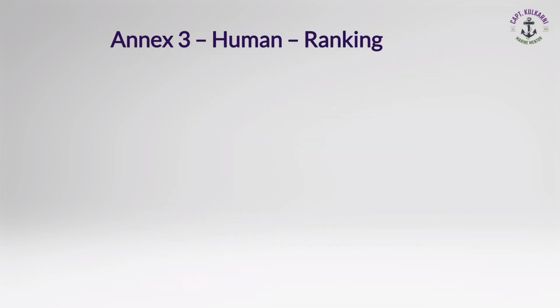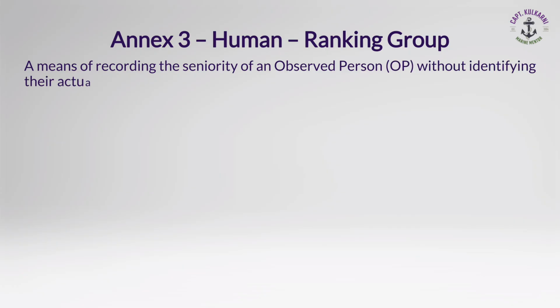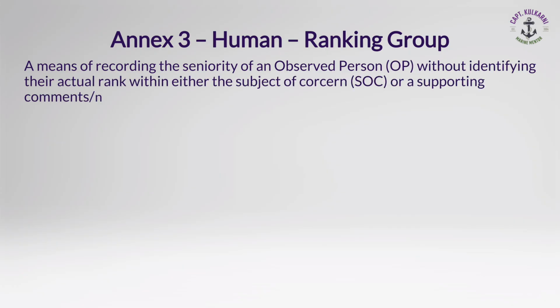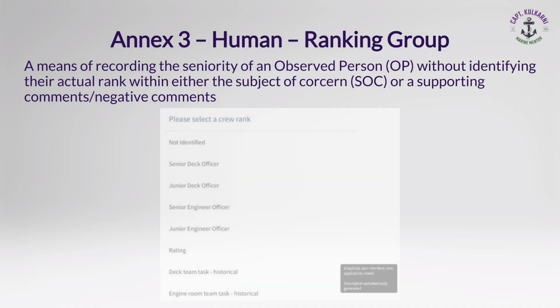And next, number 3, human ranking group is coming up, and like the foam valve which we are talking about, and who is the person, that is also coming up, and that will come in subject of concern with the seniority.